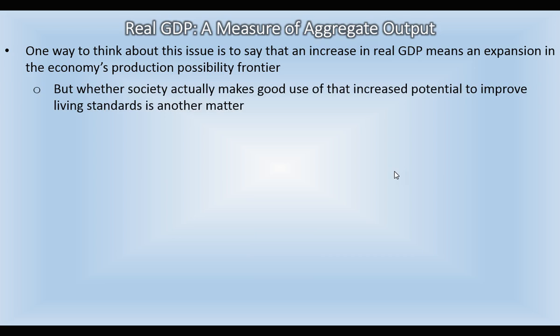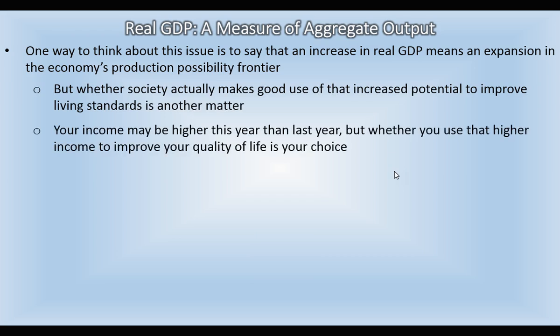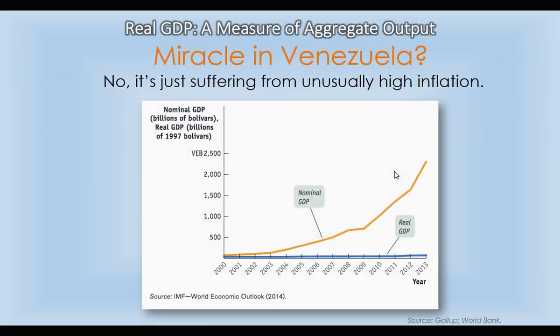But whether society actually makes good use of that increased potential to improve living standards is another matter altogether. Your income may be higher this year than last year, but whether you use that higher income to improve your quality of life is your choice. You could just blow it on crap.